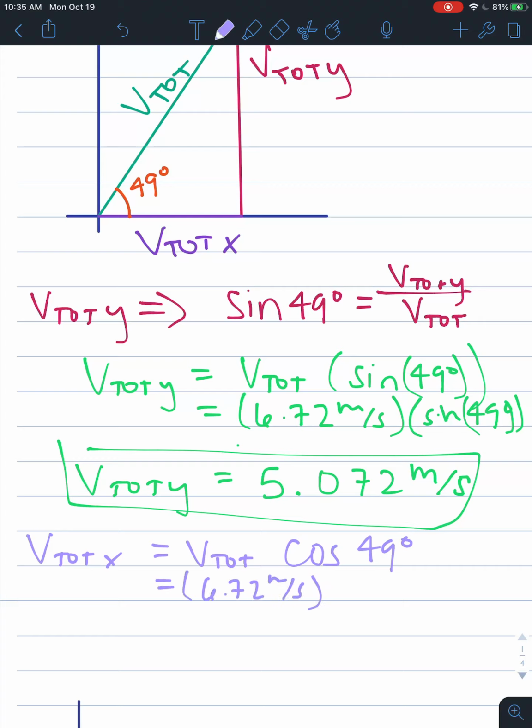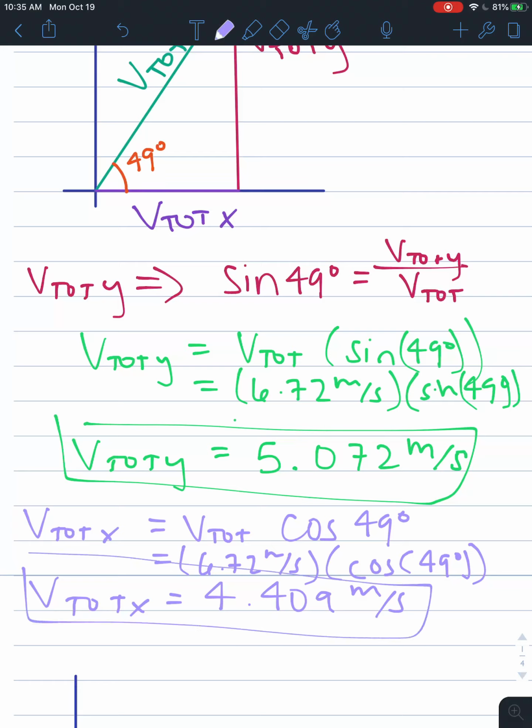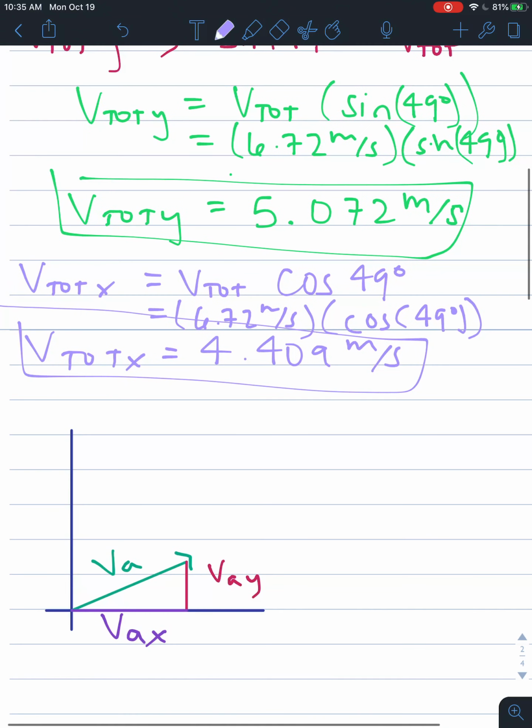So 6.72 meters per second times the cosine of 49 degrees. For VTOT X, we get 4.409 meters per second. All right, so we have VTOT X and VTOT Y. We're going to use those later, so that's some information for later.